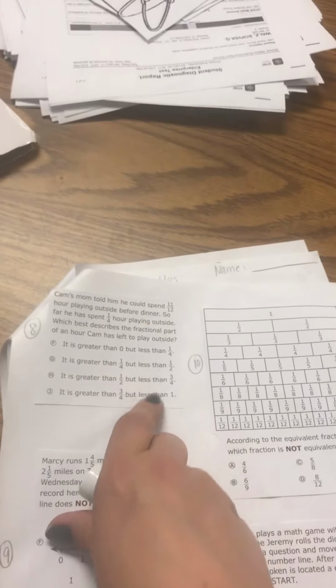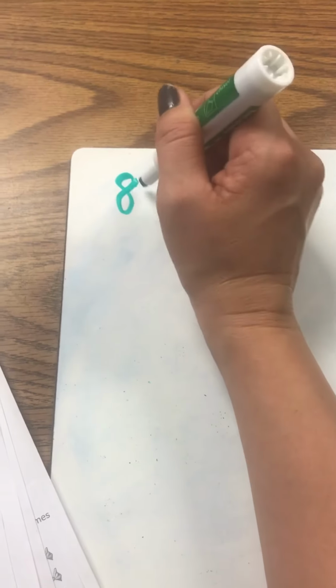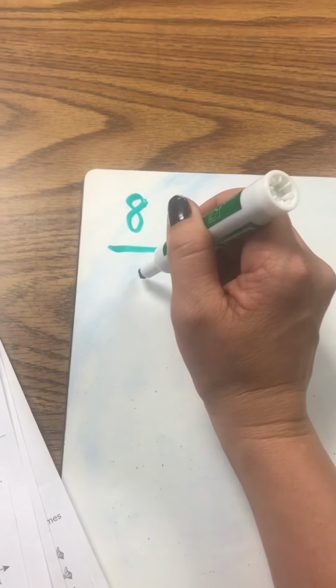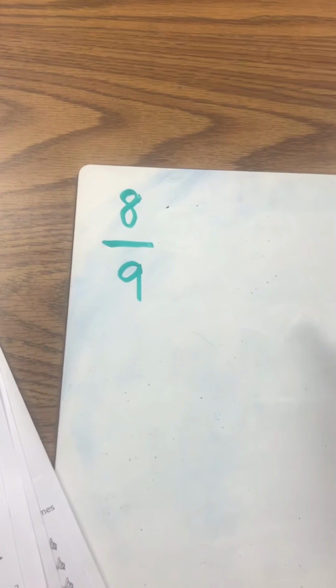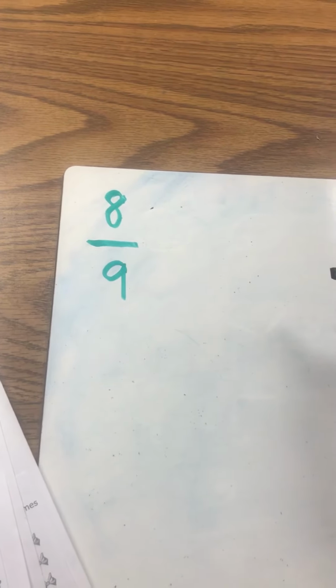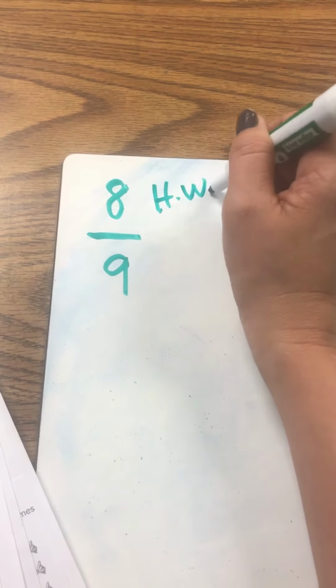So we want to know what would be a good estimate of the amount of time that he still has left to play outside. For example, let's say that somebody's mom told him that he needs to spend 8/9 of an hour doing his homework, and that's how much time he is going to spend.